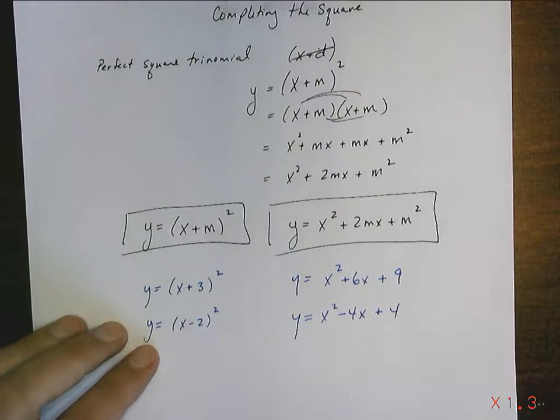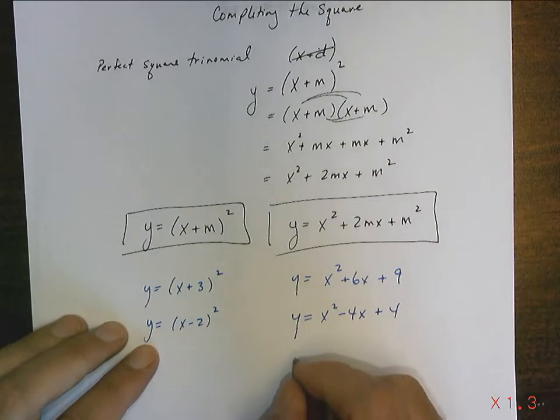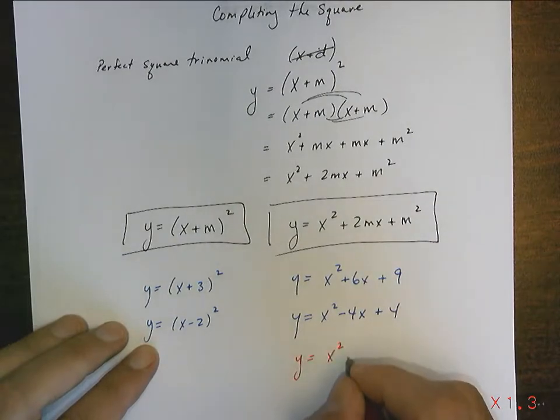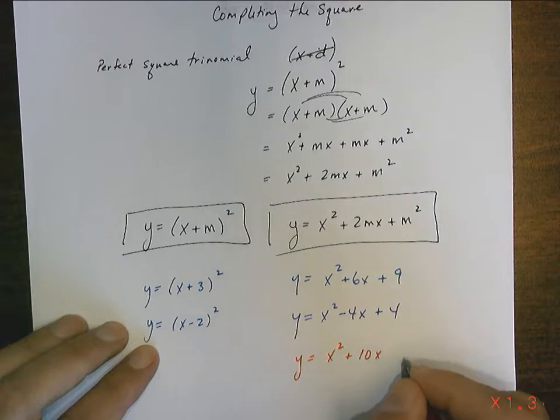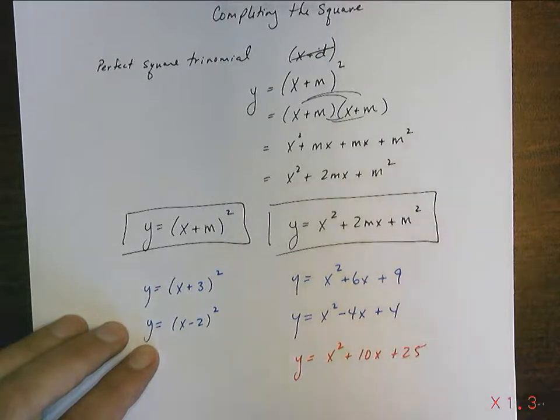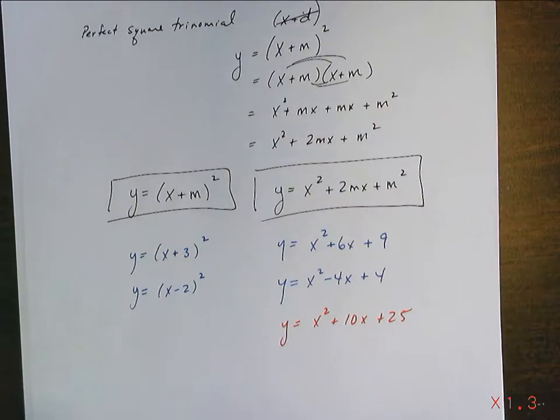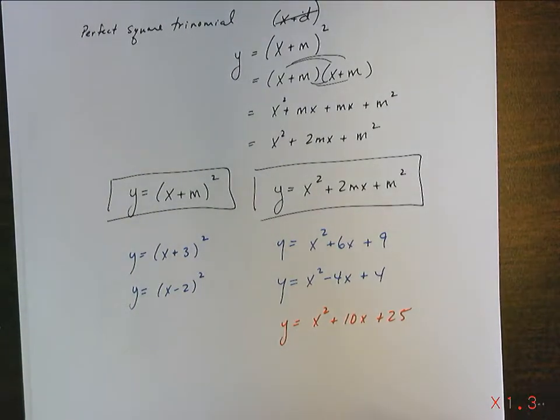But here's the question. What if I go the other way? Let's say I tell you that it's x squared plus 10x plus 25. Can you go the other way? Can you find the m value? Well, I hope you can see that m value. It's in 2 places.